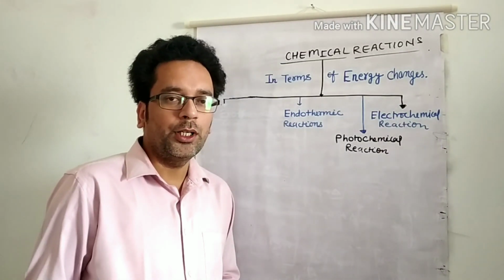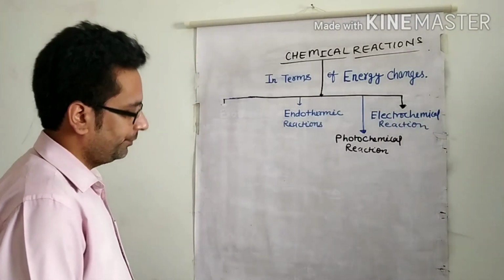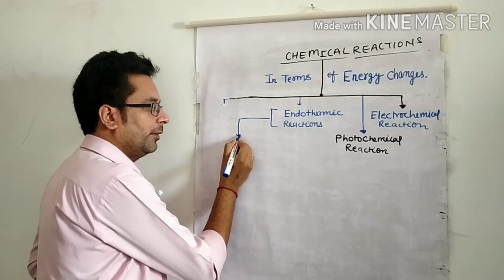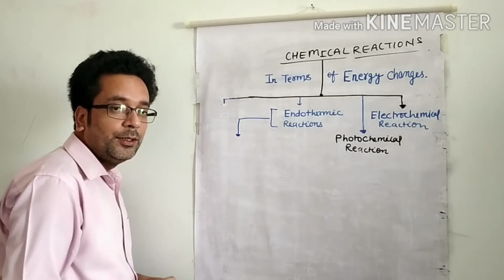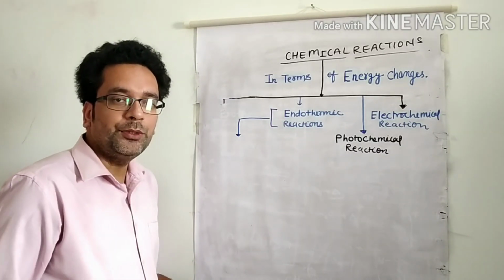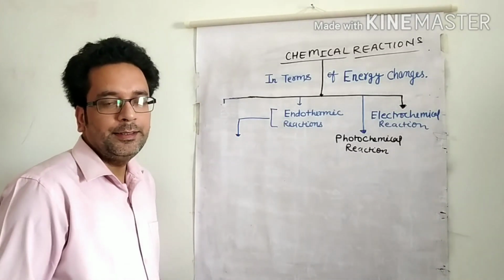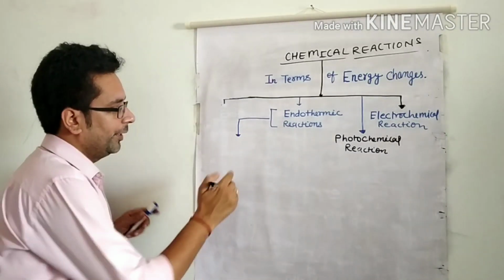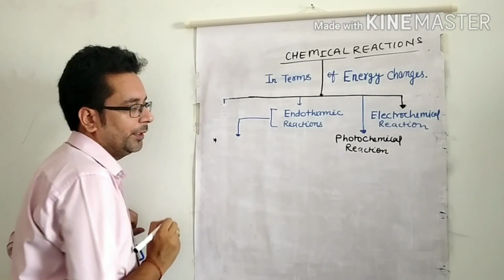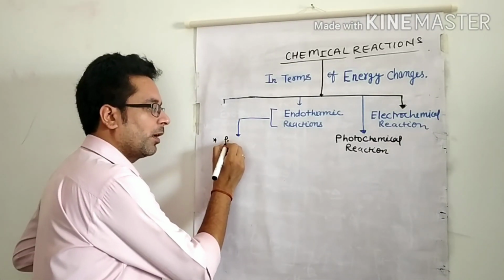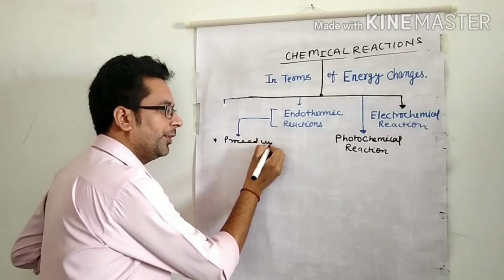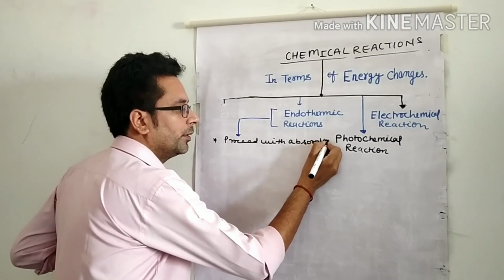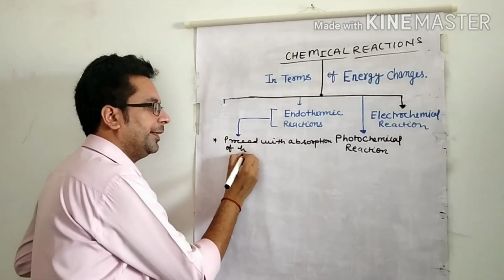Now next, the endothermic reaction. Endothermic reaction means the reaction proceeds with the absorption of heat energy. So look here, the first point: the reaction proceeds with absorption of heat energy.